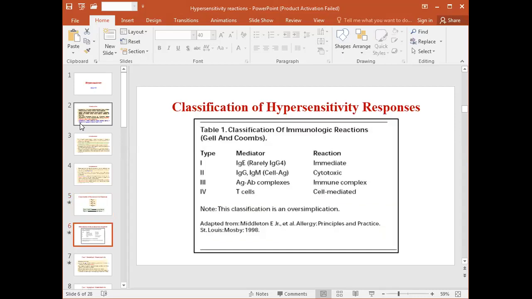As per Gell and Coombs, in type 1 the mediator is IgE, immunoglobulin E, and in rare cases IgG4 can act. And the reaction type is immediate. In case of type 2 reactions, IgG and IgM take part and the reaction mode is cytotoxic. In case of type 3 hypersensitivity reaction, the mediator is antigen antibody complexes, and the reaction type is immune complex formation. In case of type 4, that is T-cell mediated immunological responses, the reaction type is cell mediated.